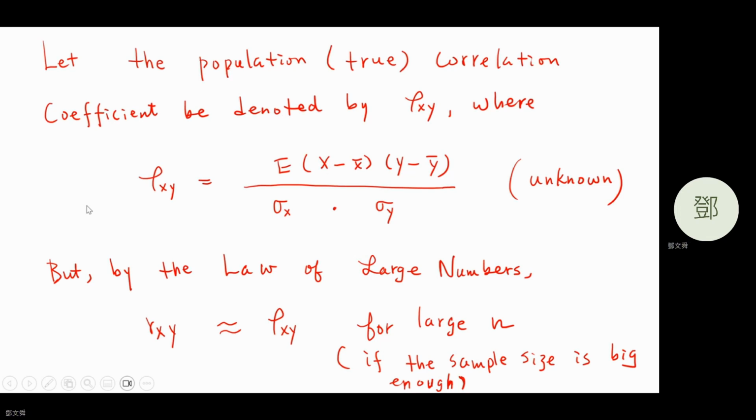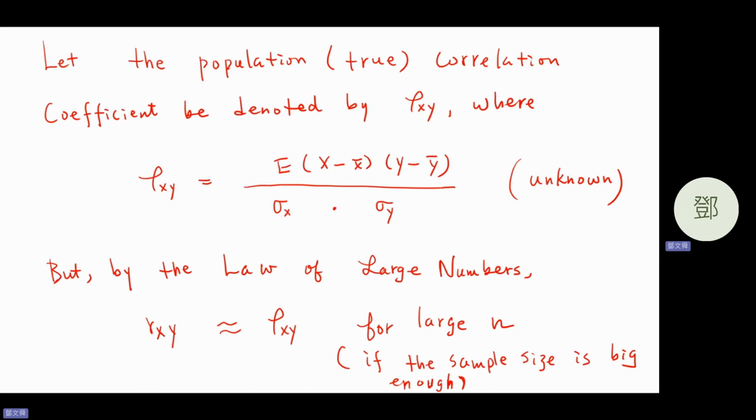What we have seen before is the sample correlation coefficient, which is r. Why is it a sample one? Because it is calculated based on observations. It is not the true population correlation coefficient. And now this is the true population correlation coefficient, which is denoted by rho xy.